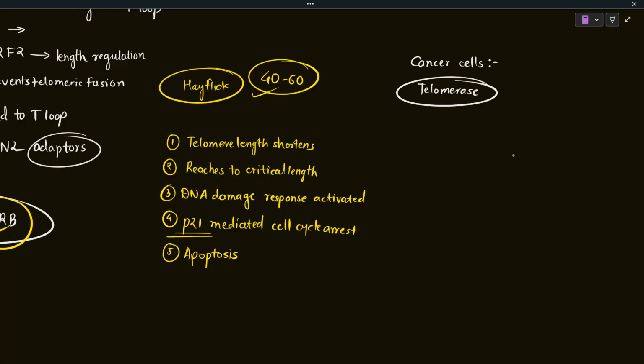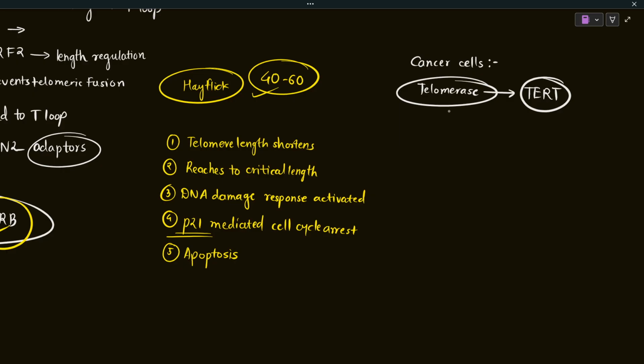But in 90% of human cancers, there is telomerase re-expression. Telomerase has a subunit known as TERT. This subunit's re-expression is seen in most cancer cells. Like 90% of human cancers show re-expression of this TERT catalytic subunit, which results in telomere elongation, and this is how cancer cells show replicative immortality.